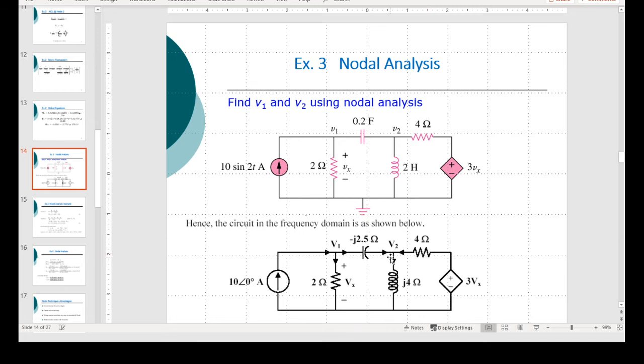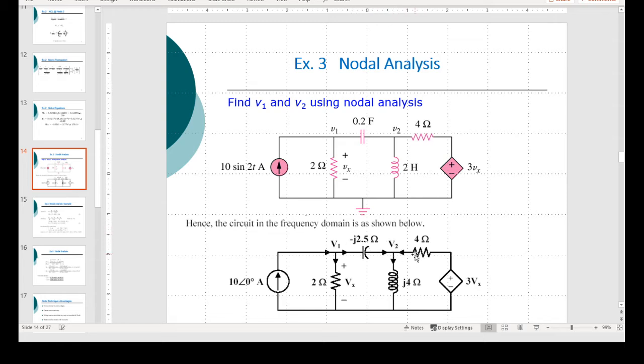Now you'll see that here the current in the inductor, j4 ohms, is outflowing, and the other 2 currents are flowing in. So it means this current plus that current is equal to this. Alright? Now, this current here is simply V1 minus V2 divided by that.